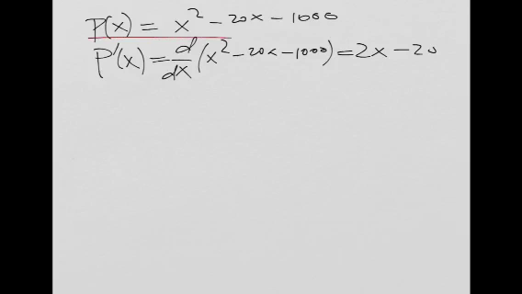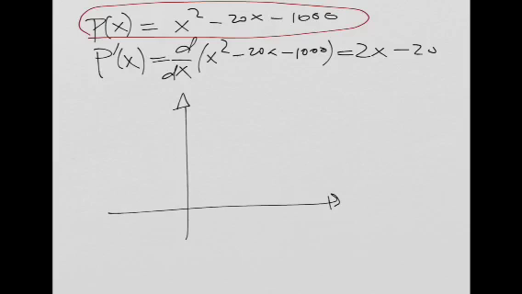So I'm looking at this equation here. Well, that equation, again, it's a quadratic. So if I look at its graph, it actually looks like this. Yeah, it's a parabola, a quadratic with the tip pointing down.